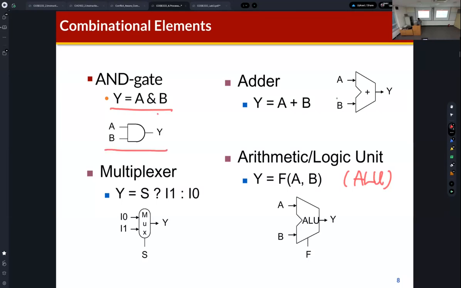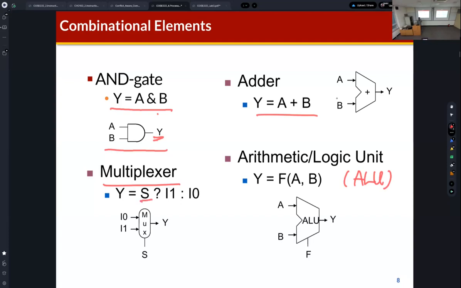This combinational logic just performs the logical and operation for each bit, a and b, then generates the output y. An adder performs the addition. And then what is the multiplexer?